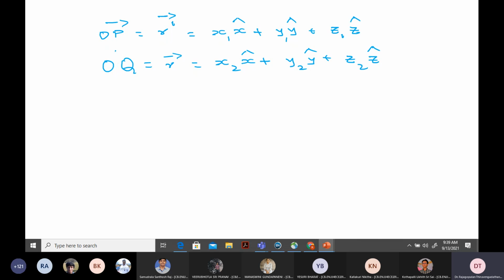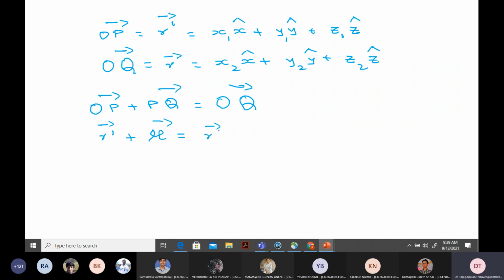Now you can see the addition tells me that vector OP plus PQ is equal to vector OQ. So this is my vector r prime plus vector r equal to vector r.